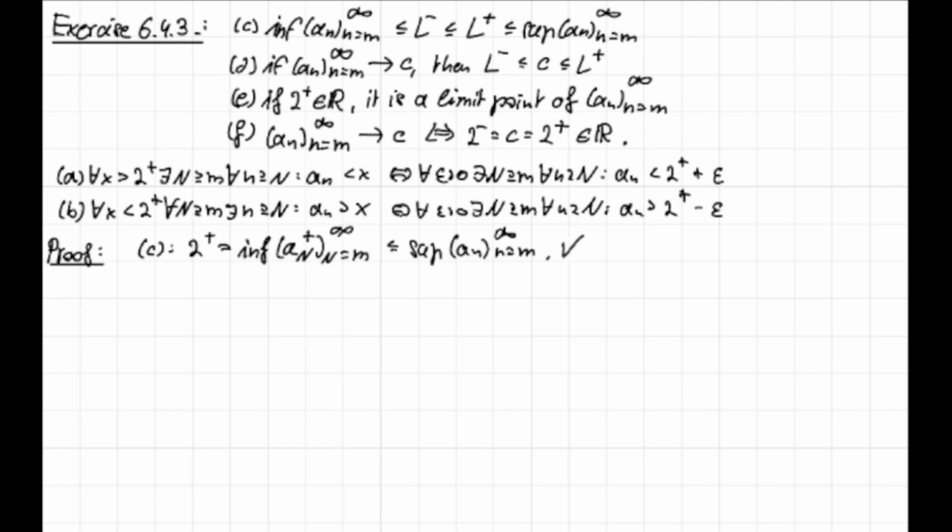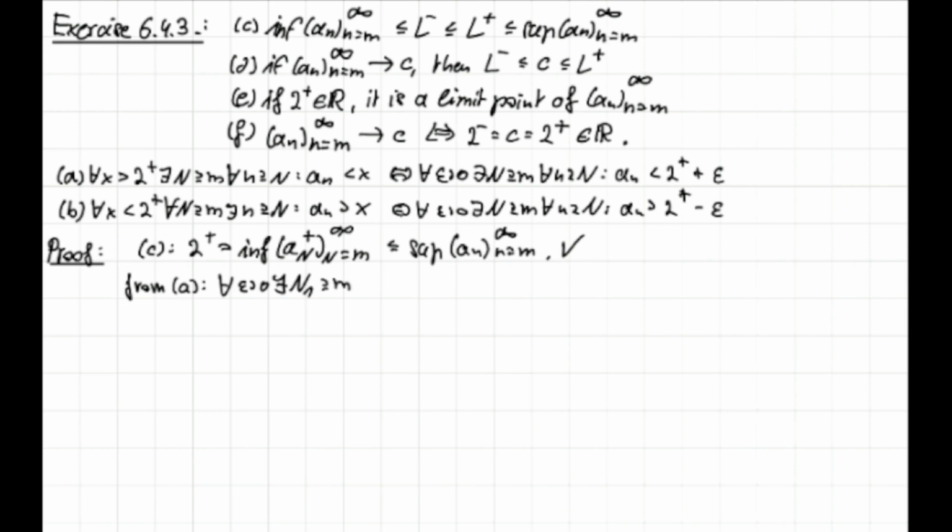So we take a look at the middle case. And for that we will use part A of the proposition, as I already said. And we will just write down what we got. We know from A that for all epsilon greater than 0, there exists an n1 greater than m such that for all n greater than n1, a_n is smaller than L plus epsilon.